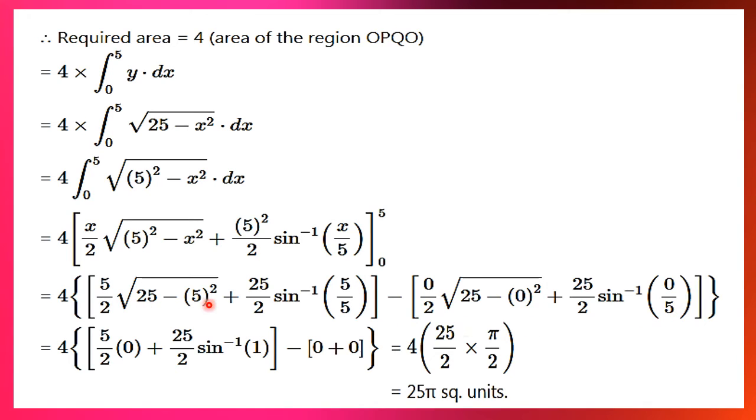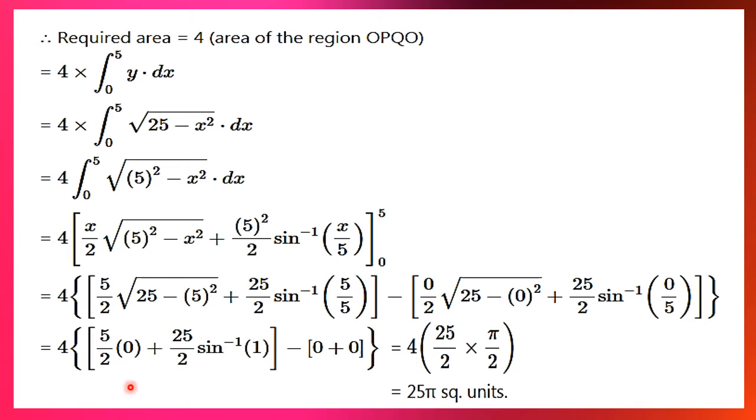Now, the first term, that is 25 minus 25, which will be 0, plus 25 upon 2 into sine inverse 1, minus the entire bracket in the second part, that will be 0 because x is equal to 0 here. So, 0 upon 2 into this bracket, the square root will be 0, plus the second term also, sine inverse 0 is 0, so 0.